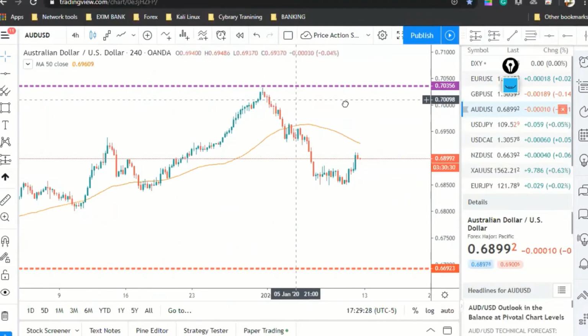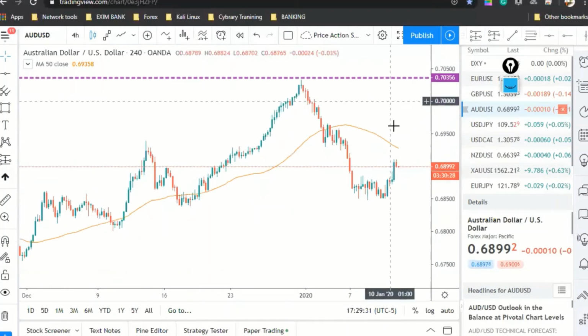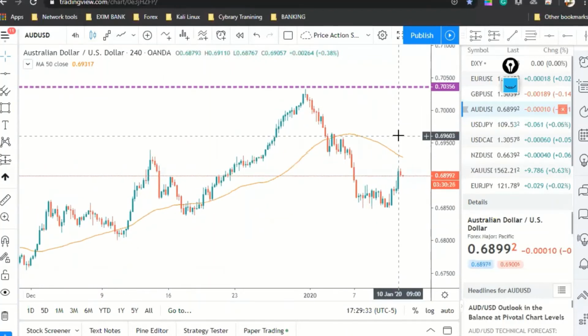What would you do when price reaches the resistance area? You would sell at that point and reach the resistance if you get a proper confirmation.